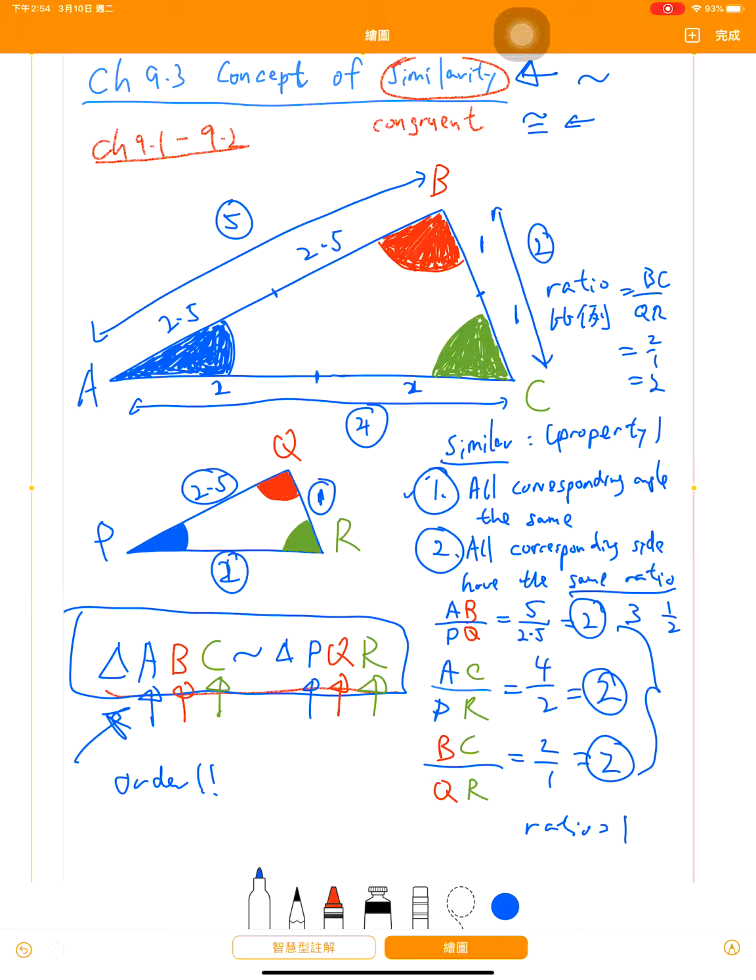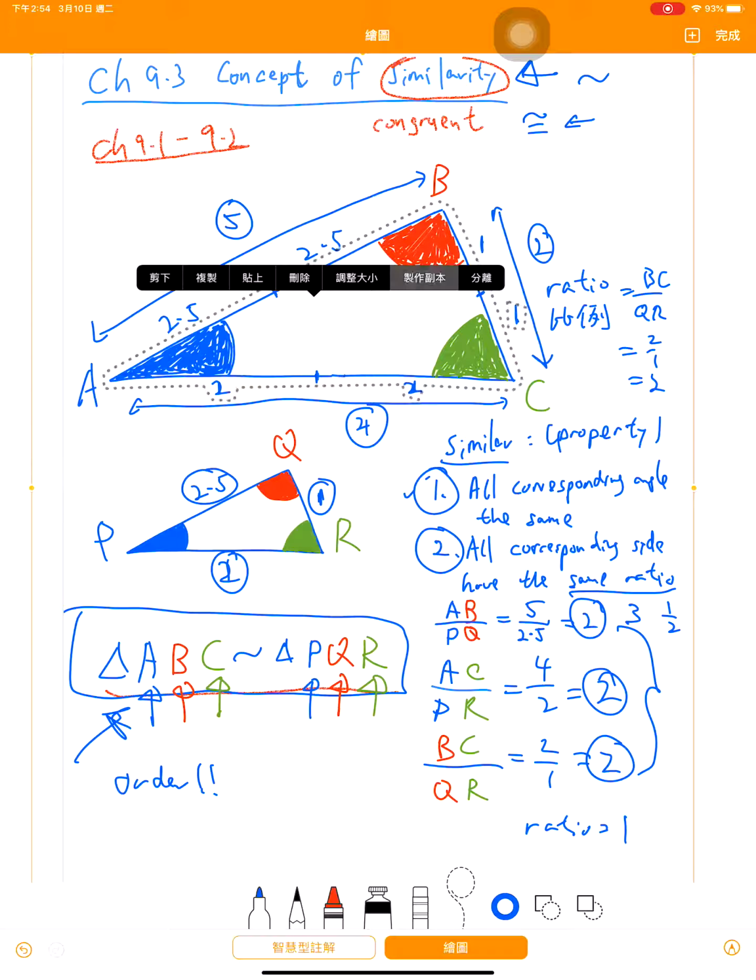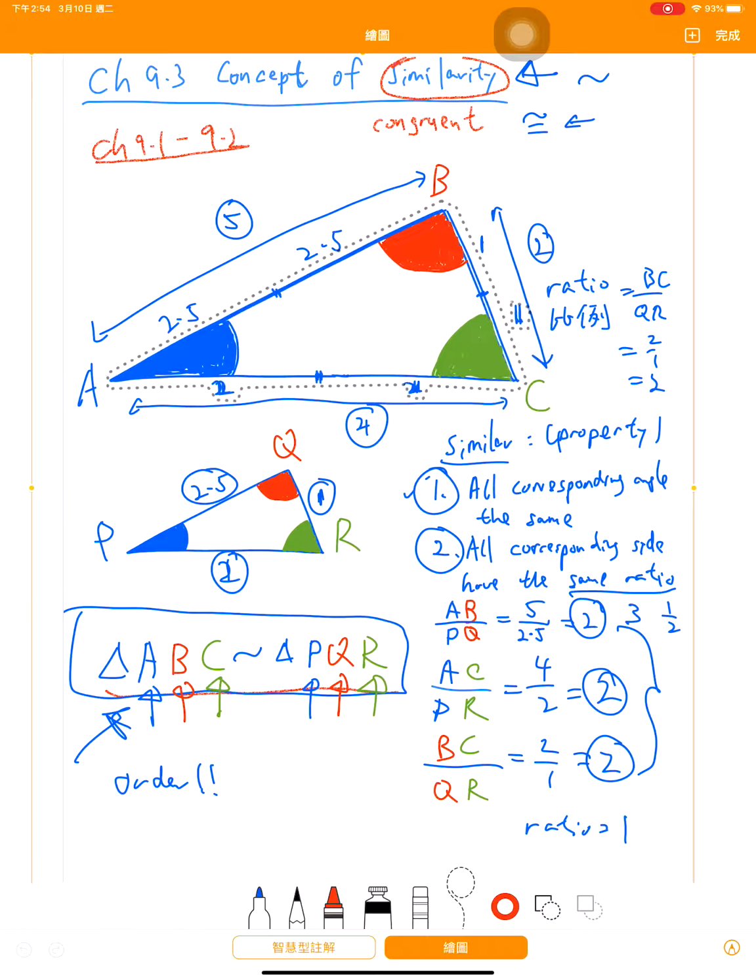Ratio is 1. That means the 2 triangles, in fact, are totally the same. For example, I use this triangle again. I make a copy. You can see these 2 triangles are totally the same. We can say they are congruent, right? But look, the 2 triangles in fact also satisfy these 2 properties, right?